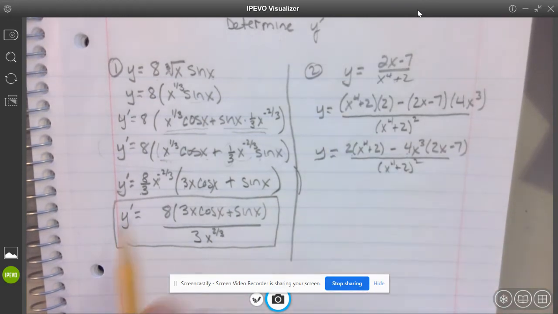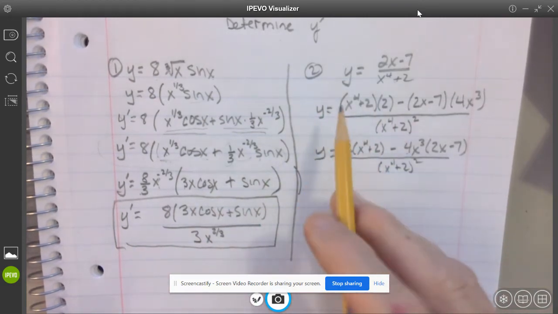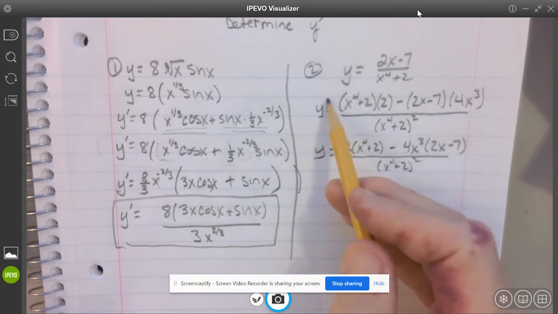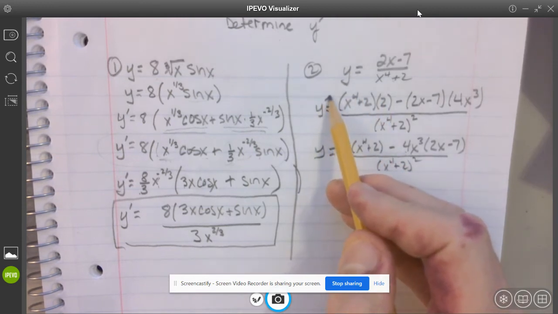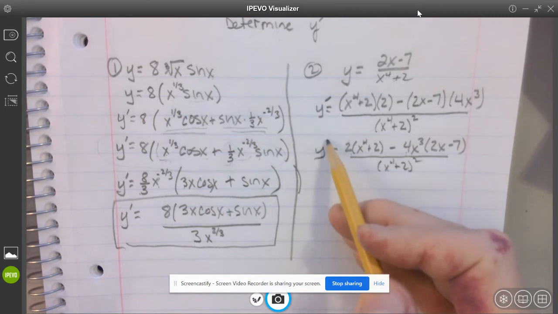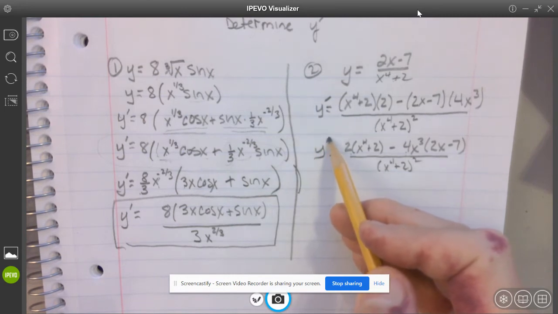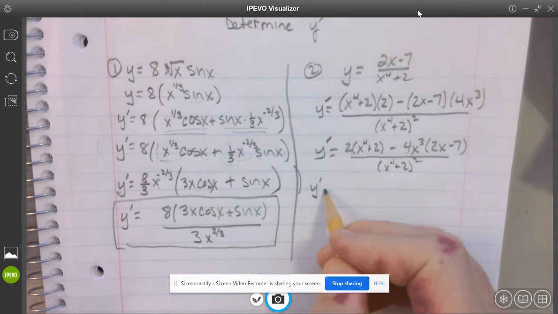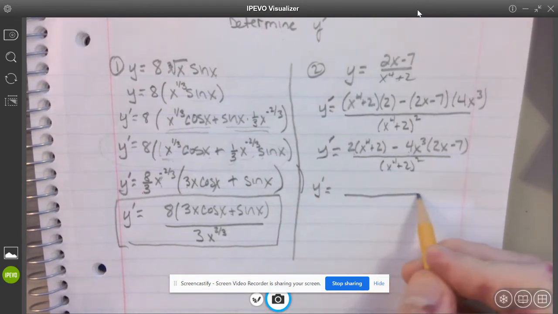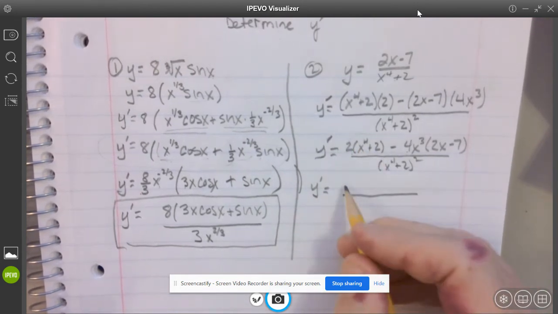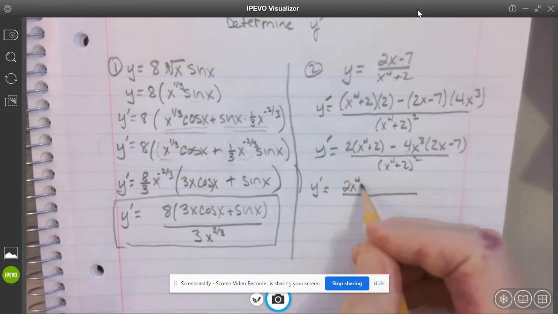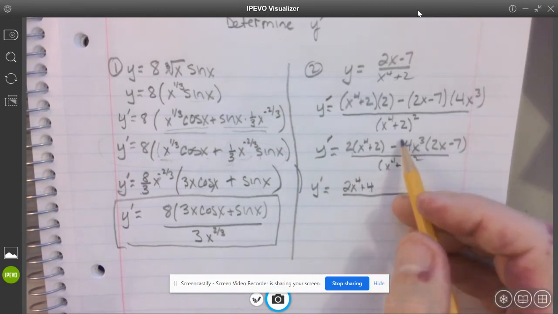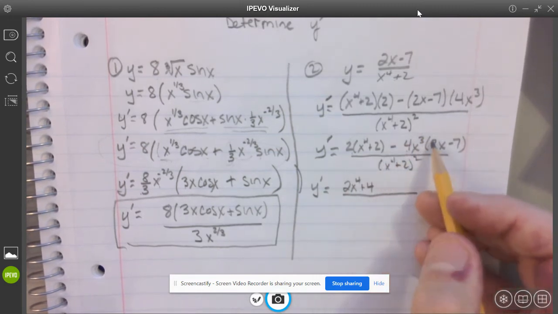And by the way, this is bad notation. As soon as you take the derivative, make sure you label it as the derivative. So now I'm going to multiply out. Distribute this 2x to the 4th plus 4. Distribute this negative 4x cubed.